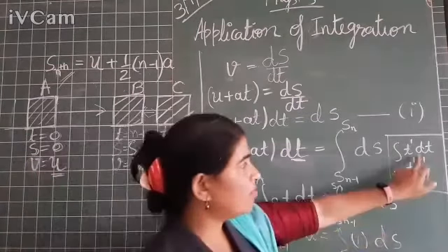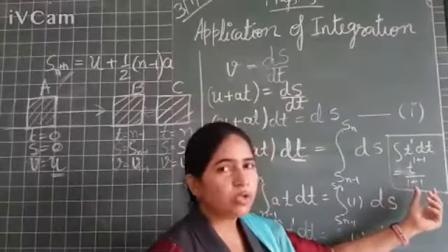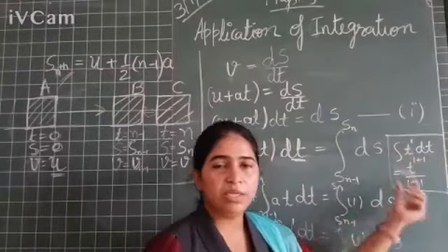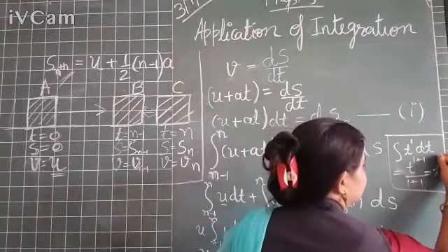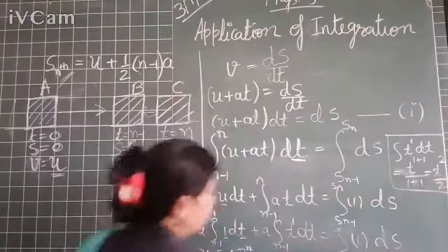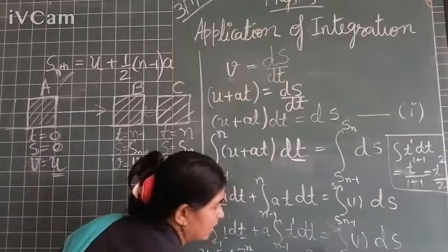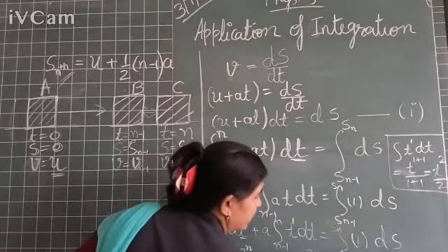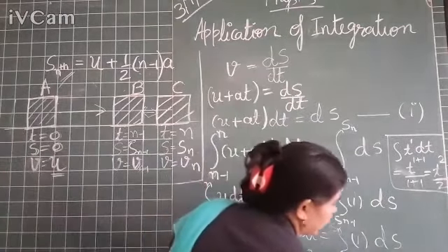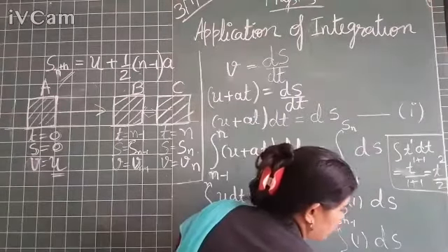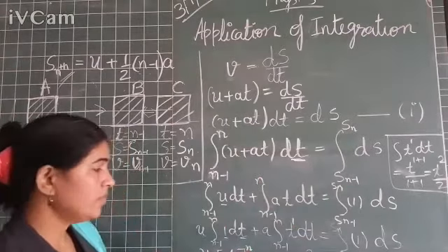So t to the power 1 plus 1, and in the denominator also 1 plus 1. So the answer is t square by 2, and we have to put the limits. And the integration of 1 with respect to ds is s, again with the lower limit Sn minus 1 and the upper limit Sn. I hope this much is clear.